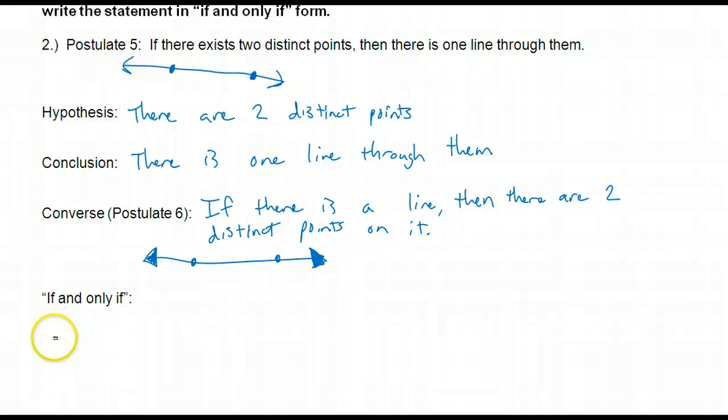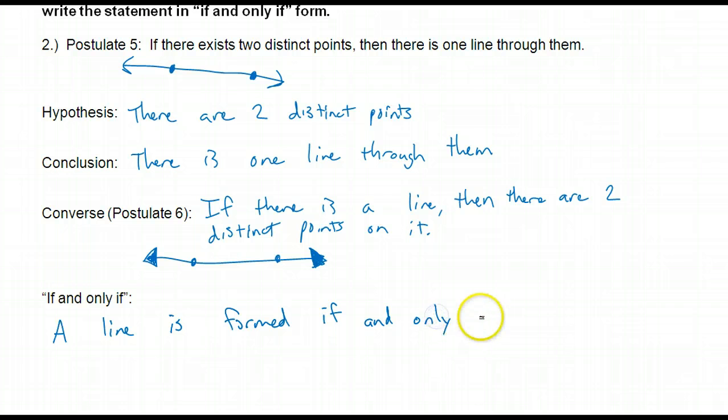I'm going to say this: a line is formed if and only if there are two distinct points.